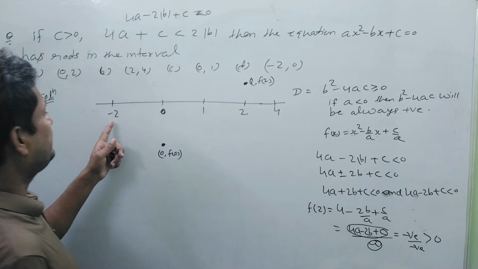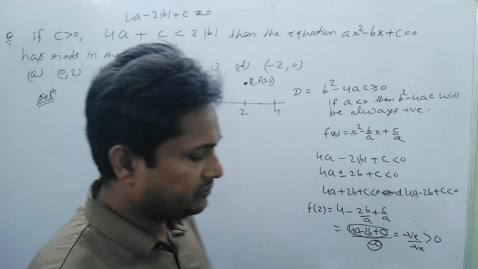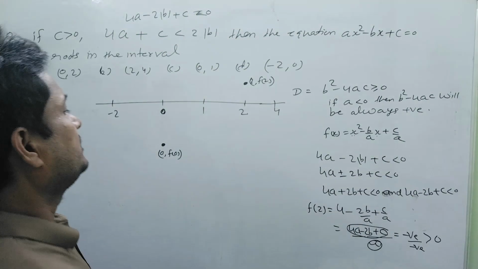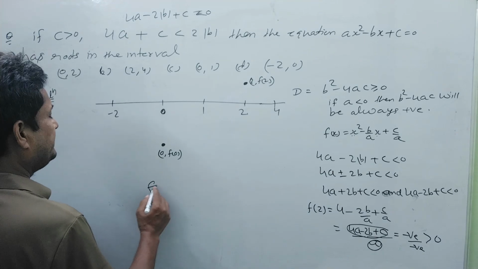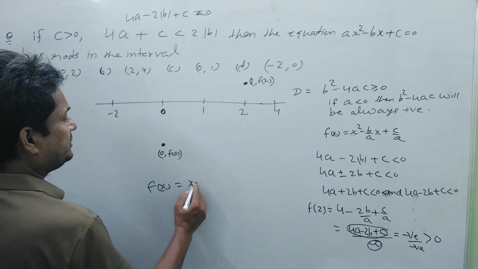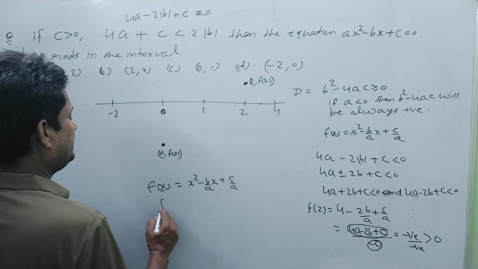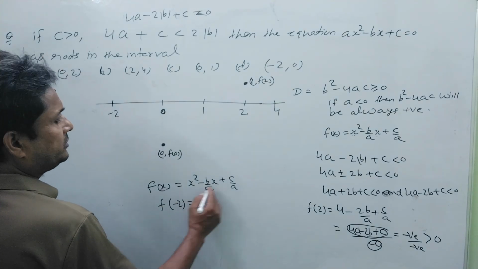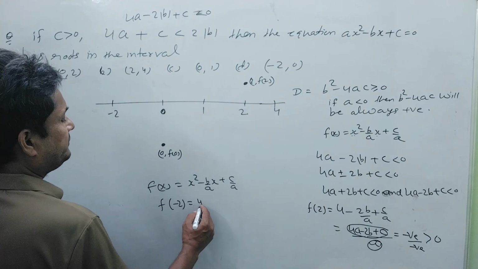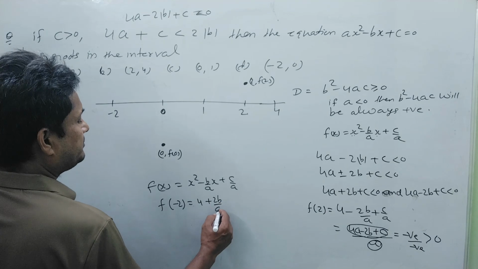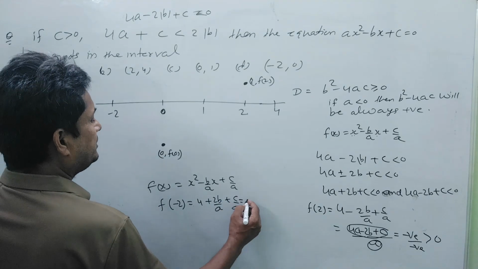Now find out f of 2. How will you get f of 2? Substitute here. f of x is x square minus b by a into x plus c by a. Now substitute x equal to 2 on both sides. So it will be 4 minus 2b by a plus c by a.